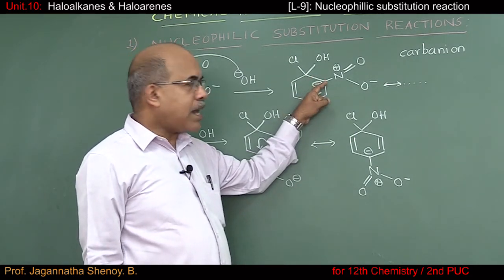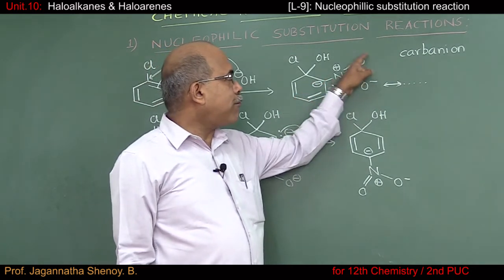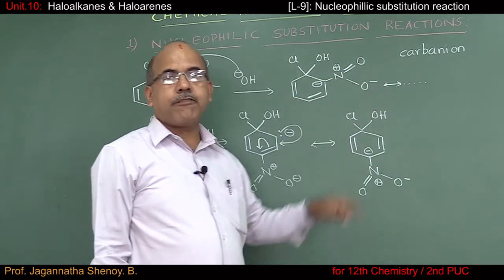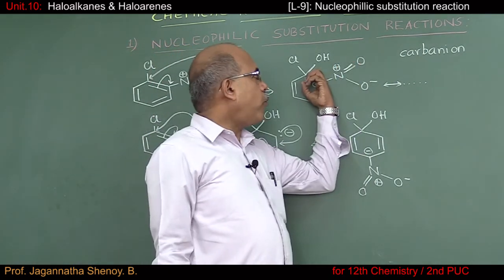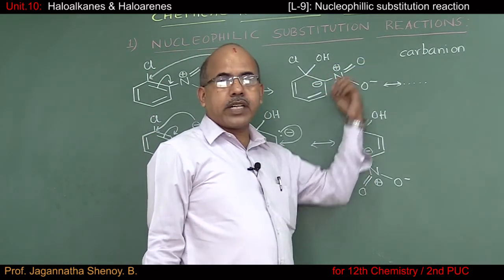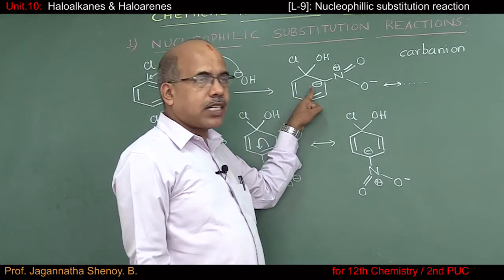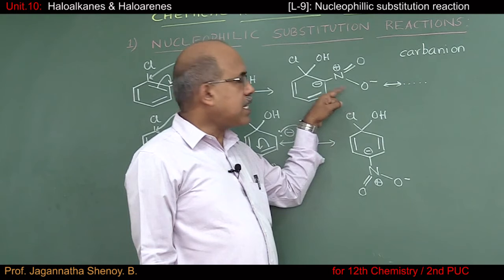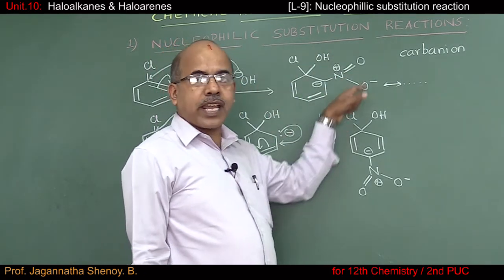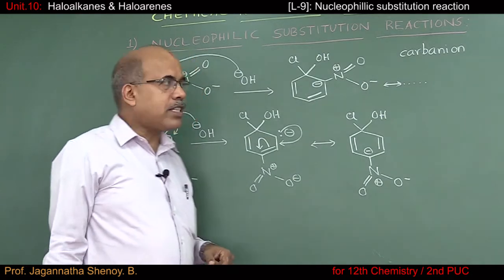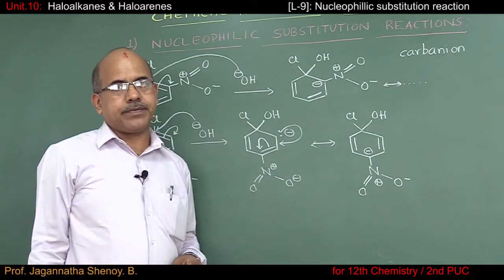Here on the carbon atom carrying negative charge, you have a powerful electron withdrawing group in the form of NO2. So this NO2 group withdraws the excess electron density towards itself. As a result, the negative charge on this carbon atom is dispersed. The stability of this carbanion increases, or in other words, this reaction proceeds in the forward direction.